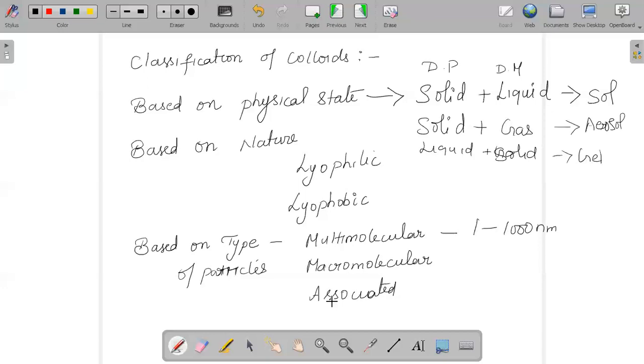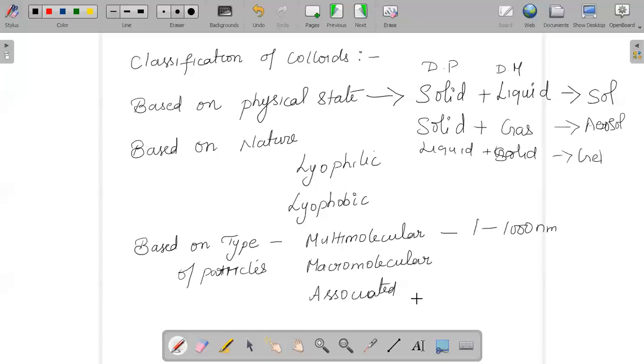The next one is called associated colloids. Some substances at high concentration start behaving as colloids because of the formation of aggregates. But when the temperature goes up or the concentration becomes low, they behave like normal strong electrolytes. Such colloids are called associated colloids.